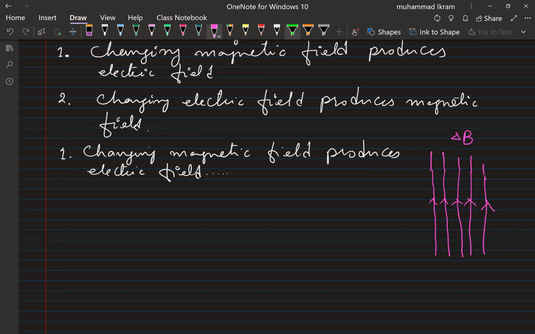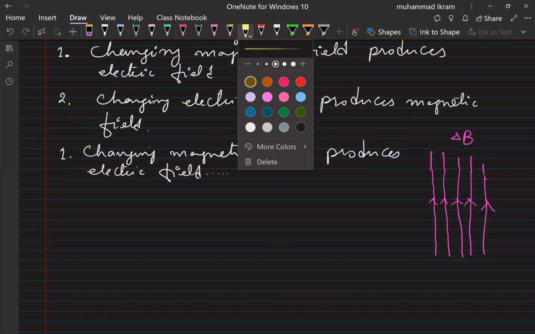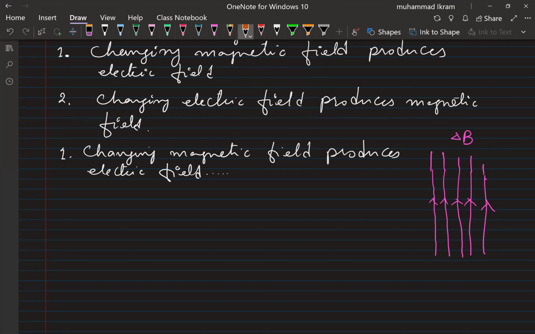If we have the conductor, let us see that we have the conductor like this one. This is the conductor. The magnetic field is changing across this conductor.